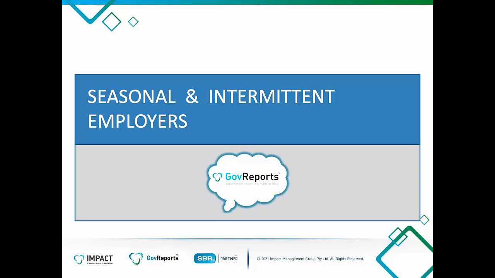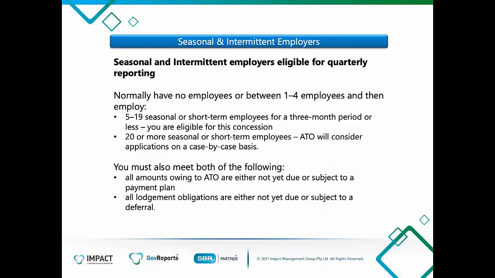Okay, cool. So we're going to have a look at seasonal and intermittent employers. So seasonal and intermittent employers, of course, are the type of people that maybe only have a few people who are working normally, you know, 2 or 3 people, and then for an intense time during the year, they employ more.